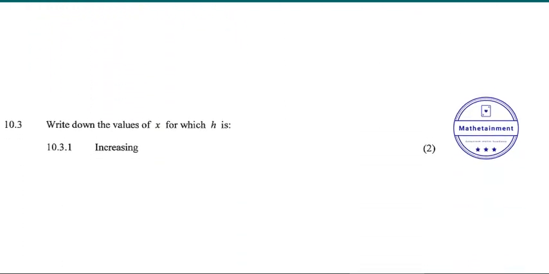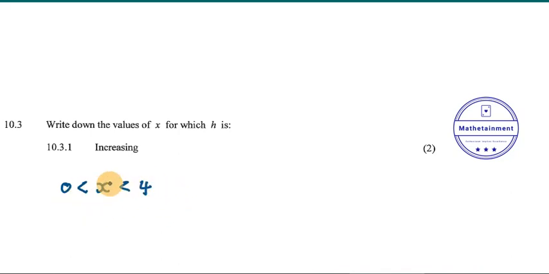So here, write down the values of x for which h is increasing. From 0 up to 4, where x is from 0 up to 4, but 0 is not part of the set, and 4 is also not part of the set.